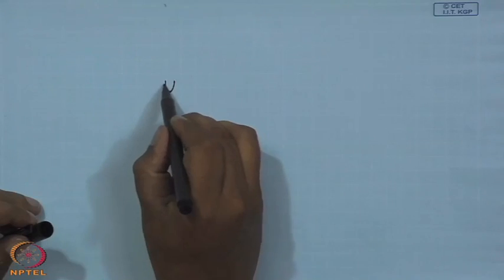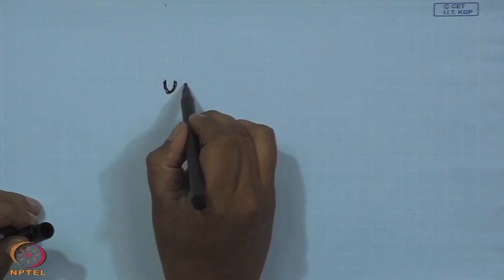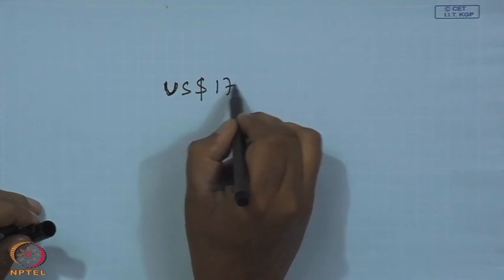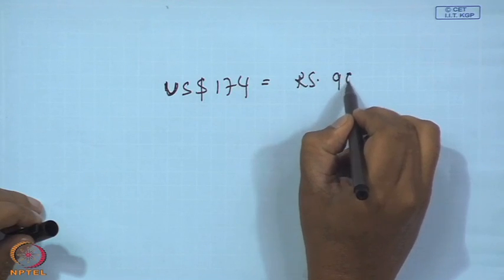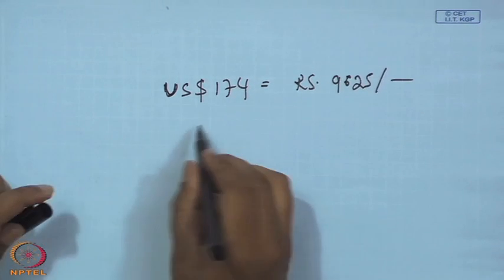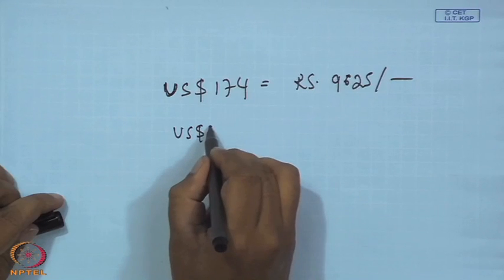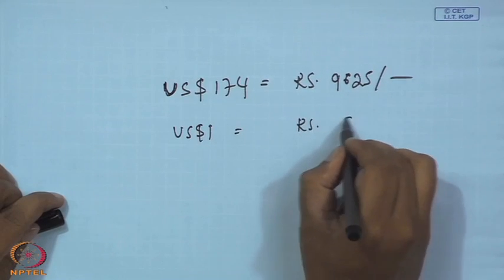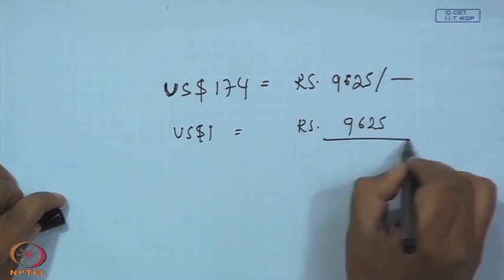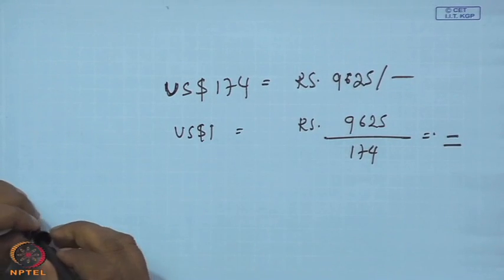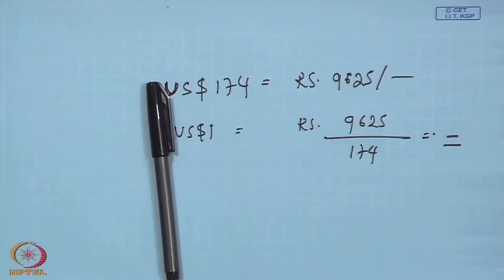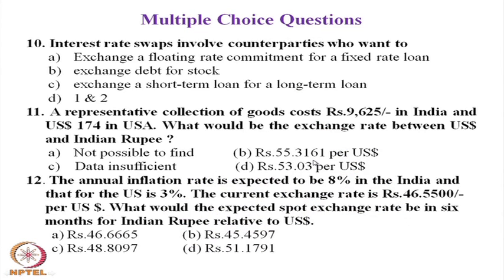So, here US dollar 174 is equal to rupees 9,625. So, US dollar 1 will be, you have to divide 9625 by 174, and you will get the actual rate. Here answer is B, that is rupees 55.6161.